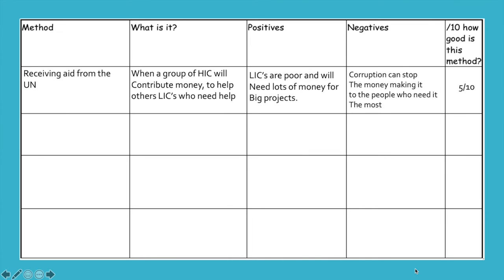It needs to be worded in the way that you could explain it to a friend and they would roughly understand what it would be. Positives, it's what you think the best positive is, and the negative is whatever negative you think is probably the most important, and out of 10 is how good it is out of 10. So pause this video, go finish off that, and then come back, press play when you're ready.